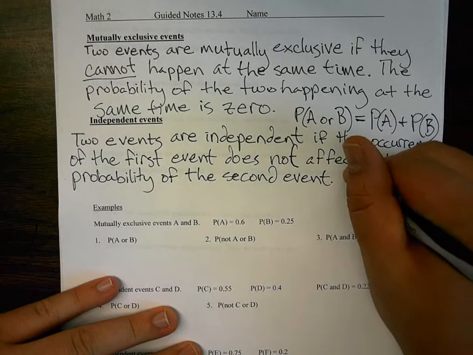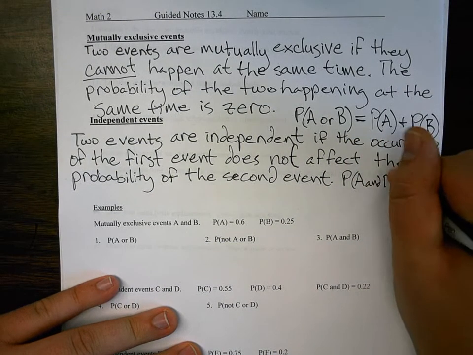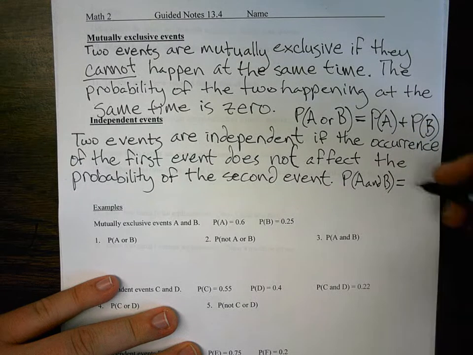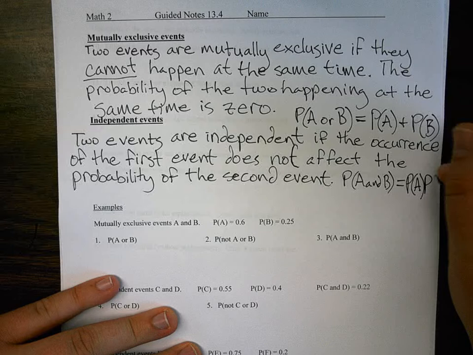So the probability of A and B is going to be the same thing as the probability of A times the probability of B.